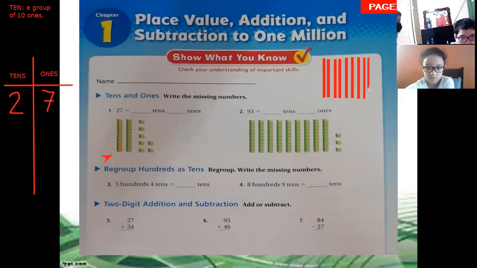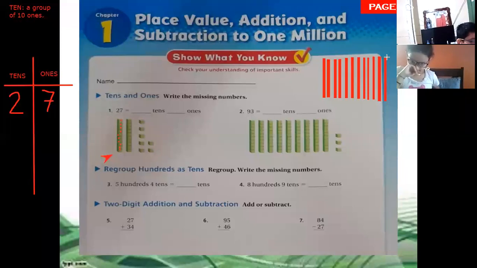And remember that each of these groups has 10 units. See, how many do I have? 2, 4, 6, 8, 10. I have 10 here. 11, 12, 13, 14, 15, 16, 17, 18, 19, and 20.